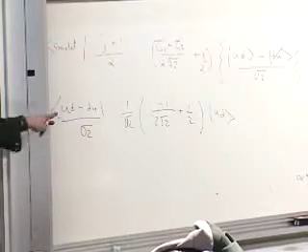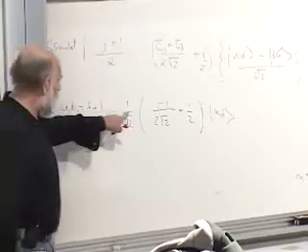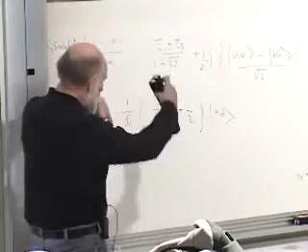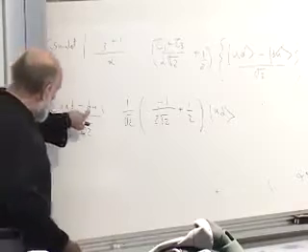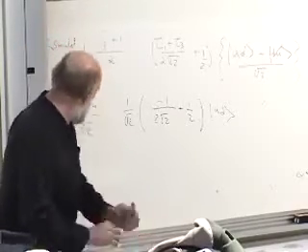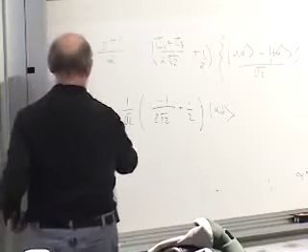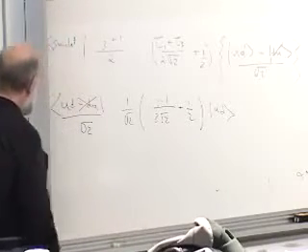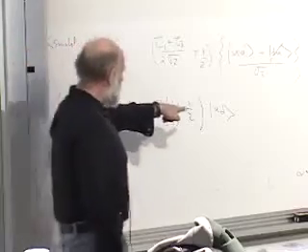Well, the down-up configuration won't contribute. It's orthogonal to up-down. Down-up is orthogonal to up-down. So this one will not contribute. We can get rid of it. The inner product of up-down with itself is just 1.